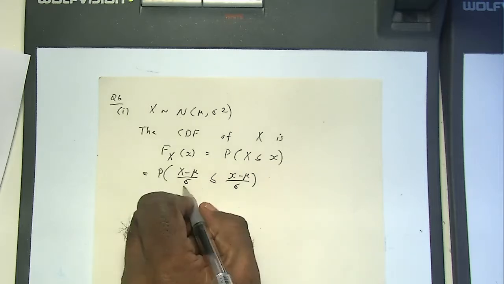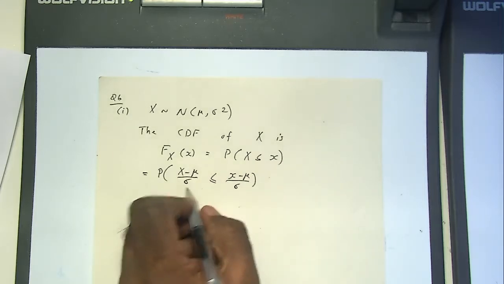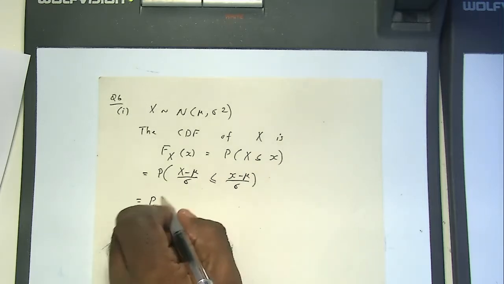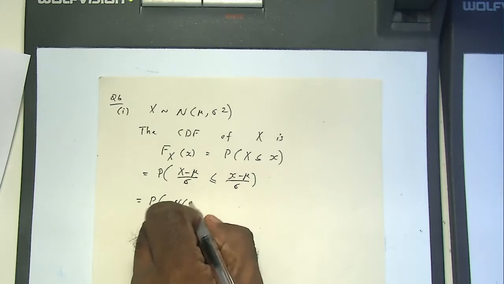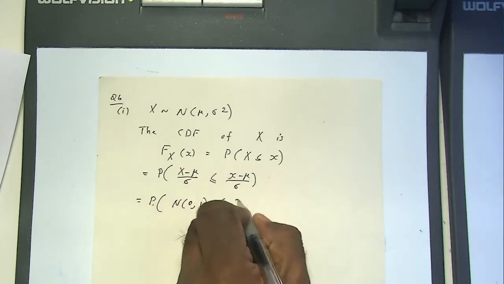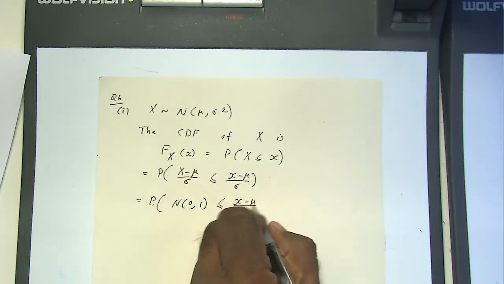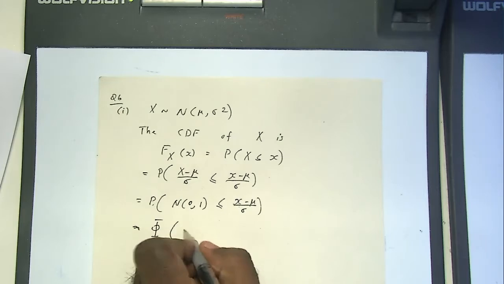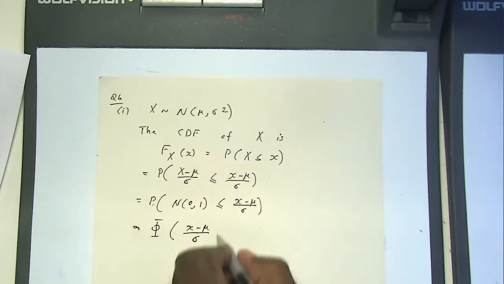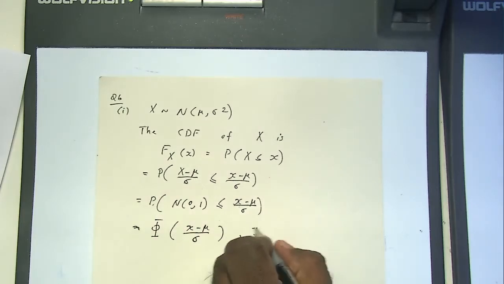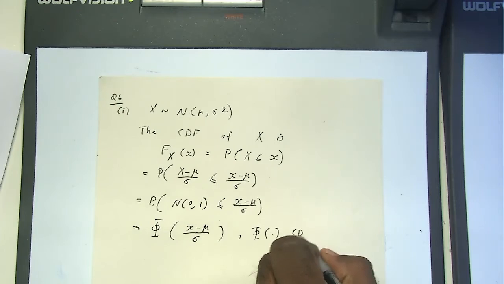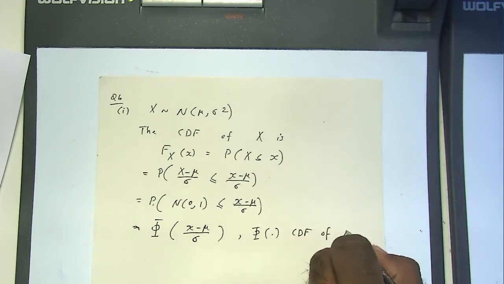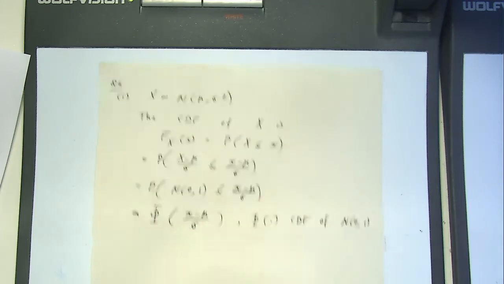Now, from what I said in the lectures, what distribution will this have? This will have the standard normal distribution with parameters 0 and 1, and this will be phi of (x minus mu) over sigma, where phi is the CDF of N(0,1).